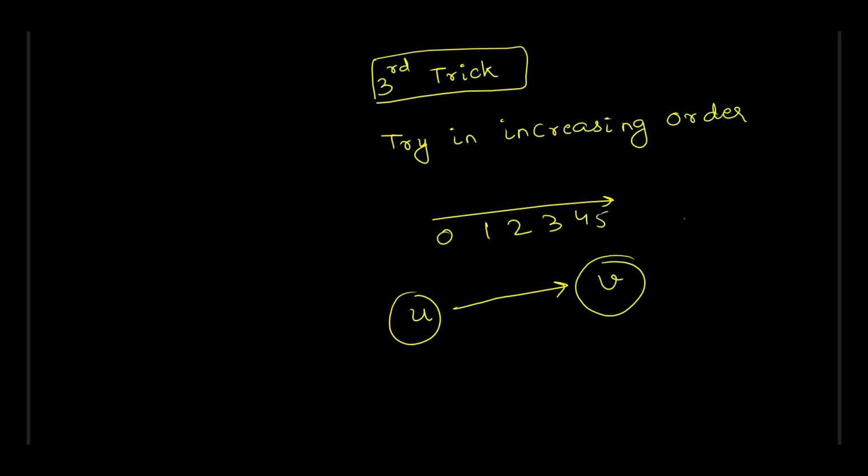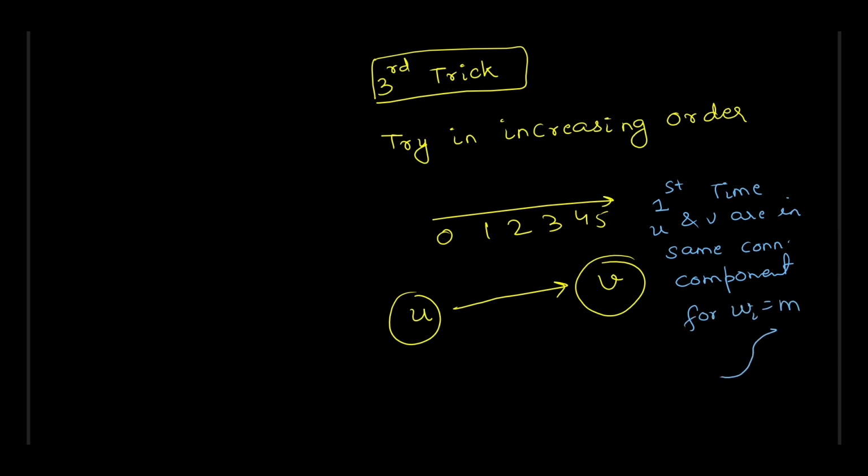So you are now looking for the first time u and v are in the same connected component, for, let's say, wi equal to m.